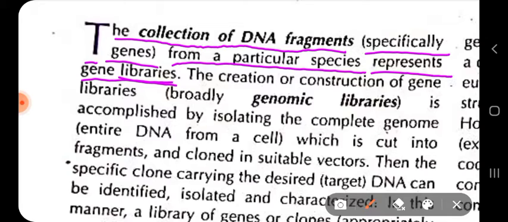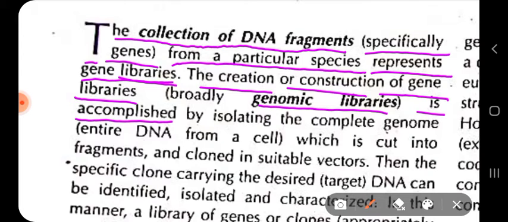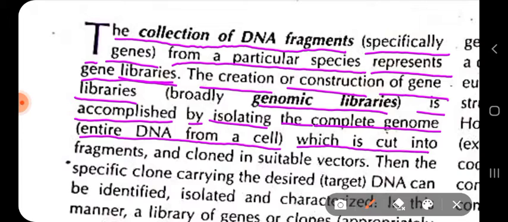Okay, and the construction of gene libraries, broadly called genomic libraries, is accomplished by isolating the complete genome, that is the entire DNA from a cell, which is then cut into fragments by using restriction enzymes and cloned in suitable vectors.